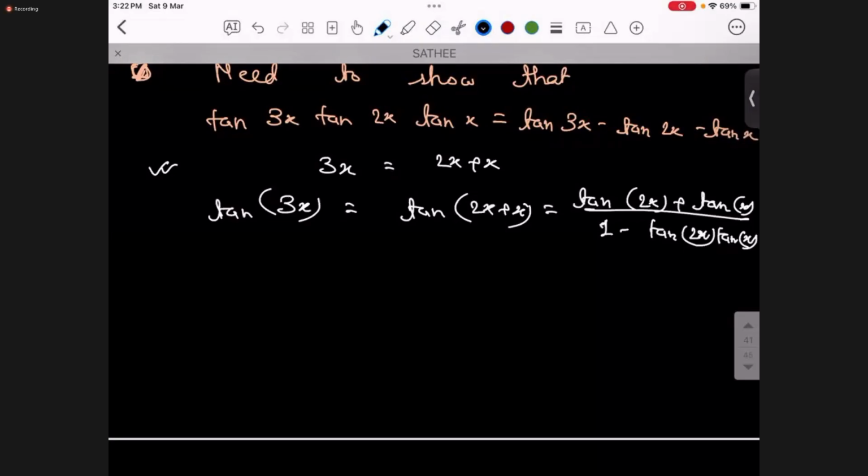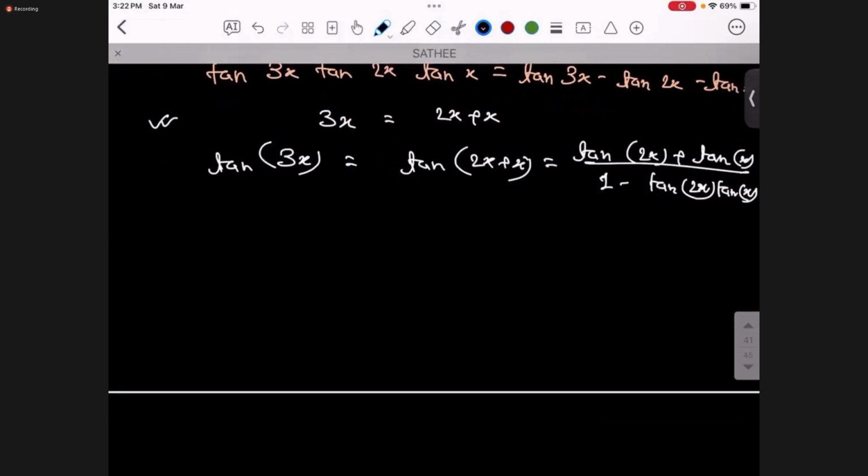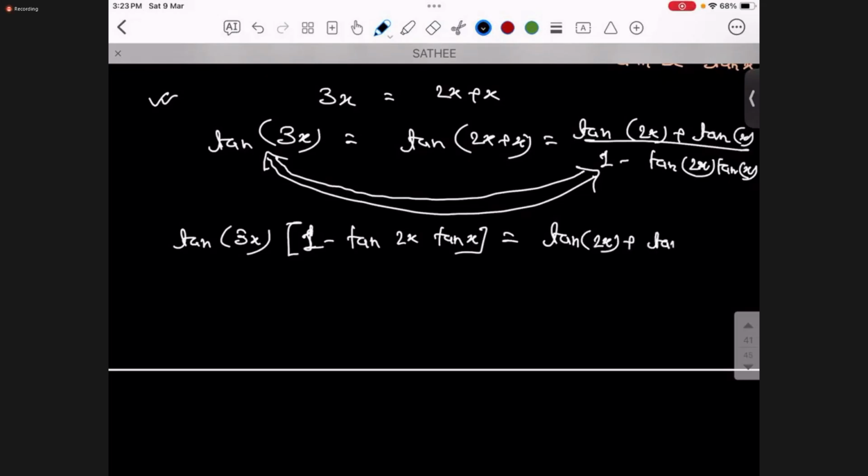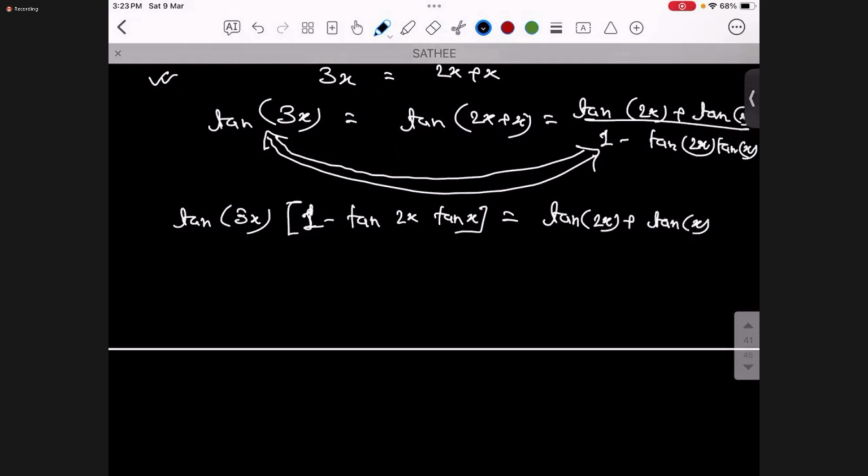Perfect. Now just use this equality; these two are equal from the deduction. Then using that, we can write tan 3x times (1 minus tan 2x tan x) equals tan 2x plus tan x.